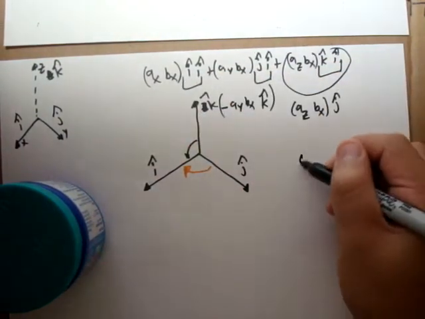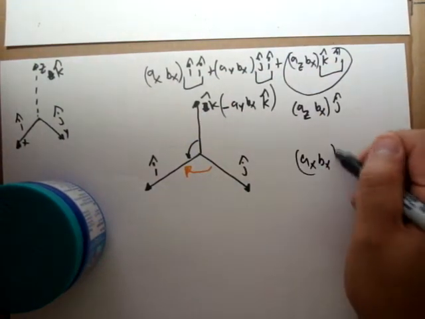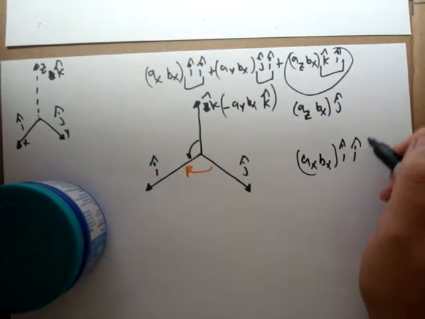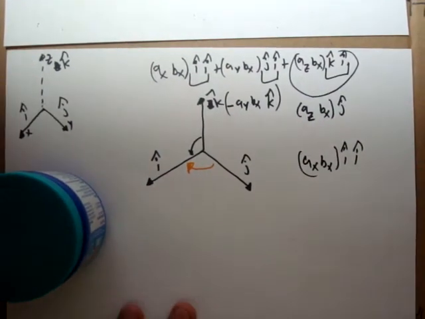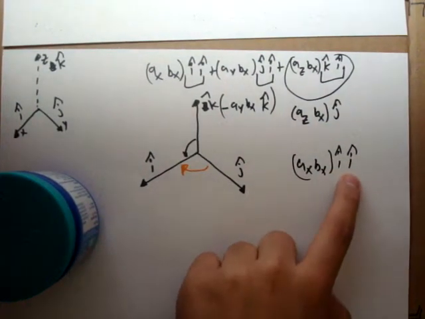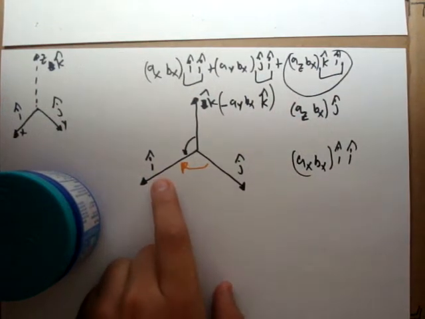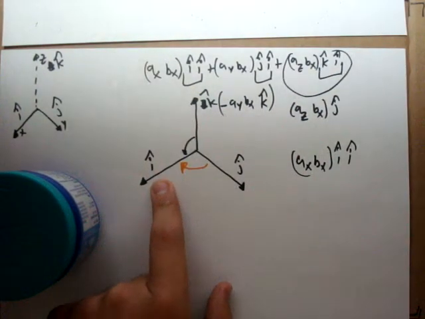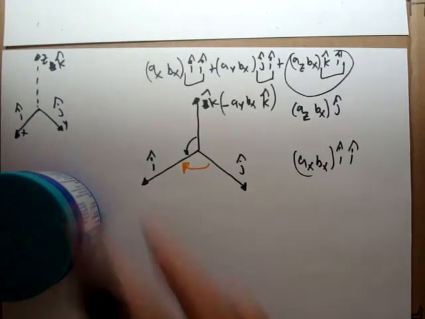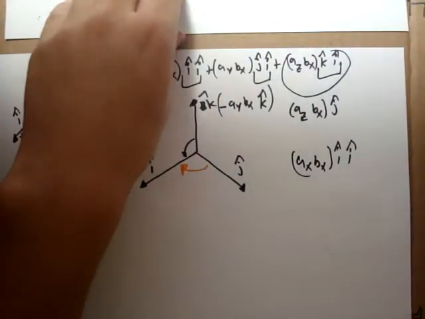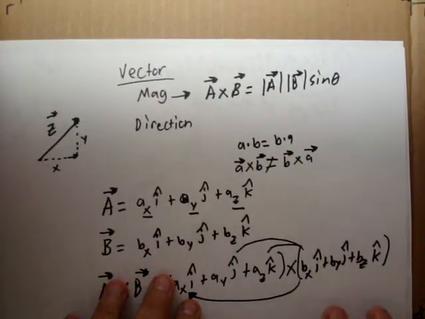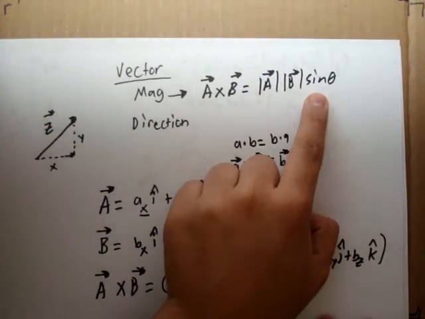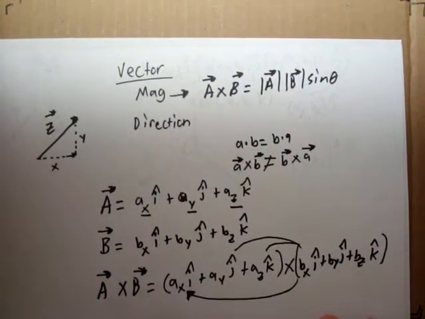Then the last part, ax bx, i caret. A very important part about this is that when you're in i caret, we're on the x-axis and we don't move. What does that mean? Well, if we don't move, there's no angle. The angle is 0. So what's sine of 0? That means the magnitude is 0.